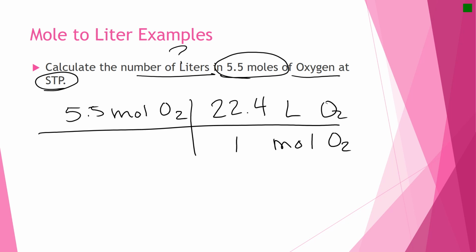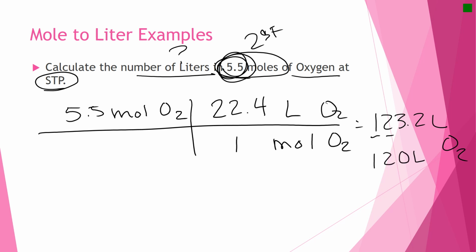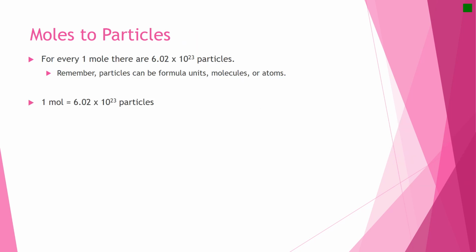I'm going to multiply 5.5 times 22.4, and I get 123.2 liters of oxygen. Looking at my sig figs for 5.5, that's 2 sig figs. So now I'm going to round my answer to 2 sig figs, so this would end up to be 120 liters of oxygen.